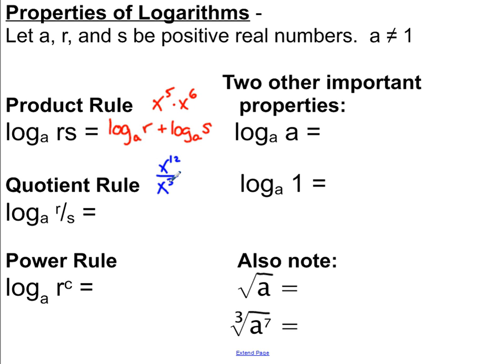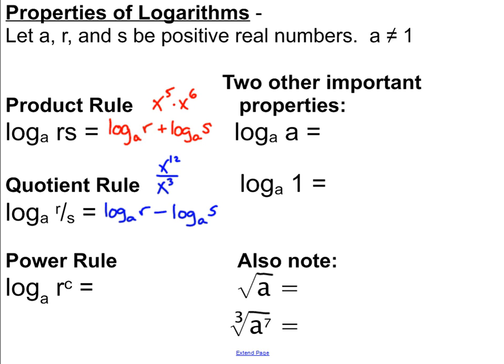You'd subtract the exponents. So when I have a quotient, a log of a quotient, I'm going to subtract the exponent. So I've got log base a of r minus log base a of s. Okay, hopefully that makes a little sense, that they're kind of working together.